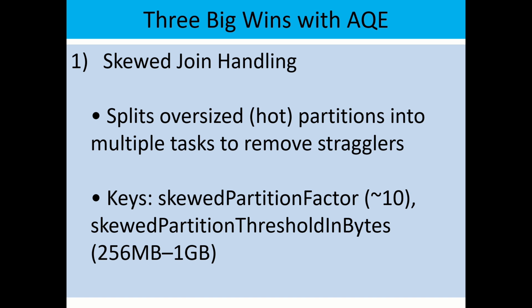Suppose, for example, one partition is 5 GB and another partition is 10 MB. So AQE splits oversize partitions into multiple tasks to remove stragglers. Key: skewed partition factor 10, skewed partition threshold in bytes. Using these keys, you can specify to Spark that if these scenarios happen, it can repartition.